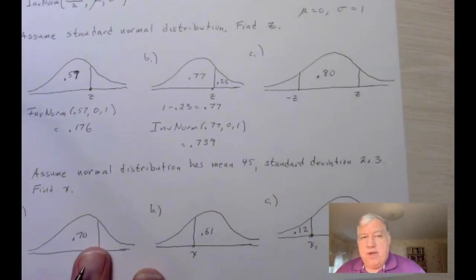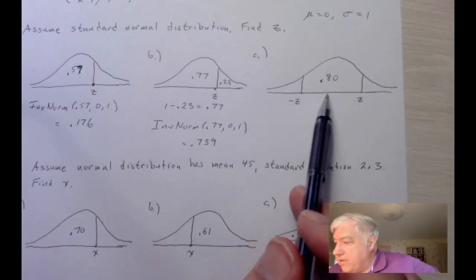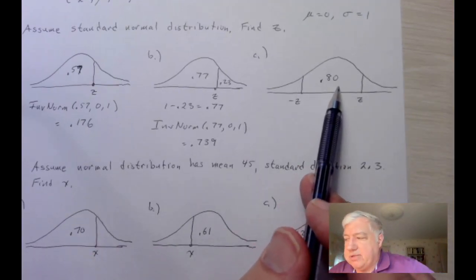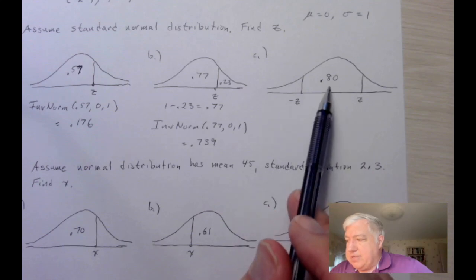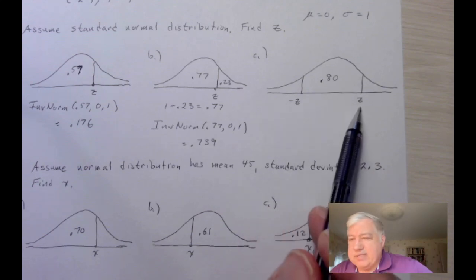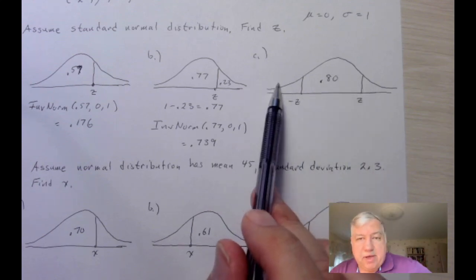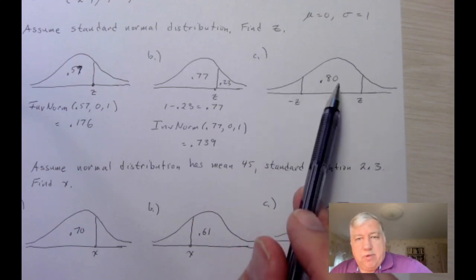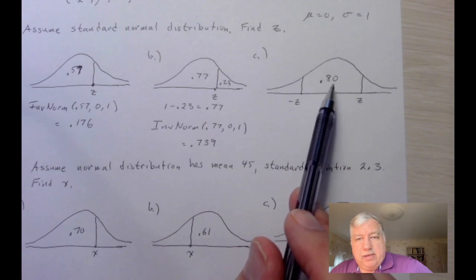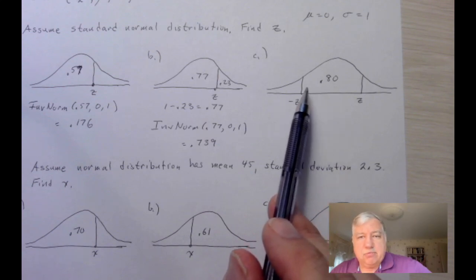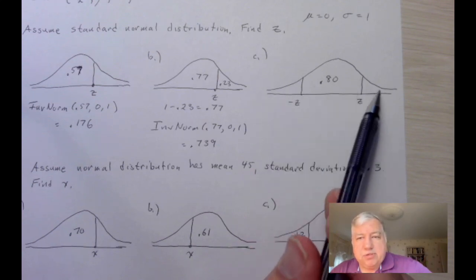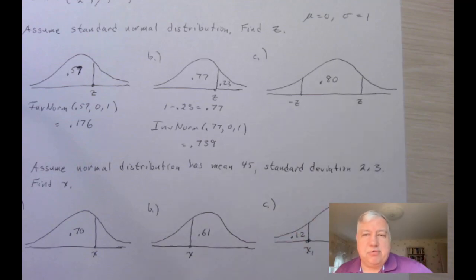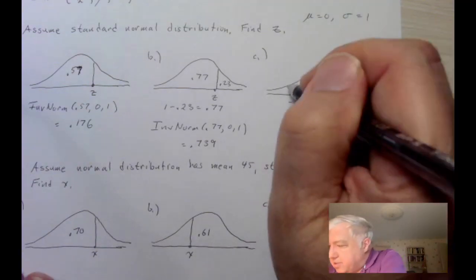Here the middle area is 0.80, and because this is symmetric, with minus z and z here, we know that these two tails have equal area. We know that 1 minus 0.80 is 0.20, so this area plus this area combined is 0.20, divided by 2, so each tail is 0.10.